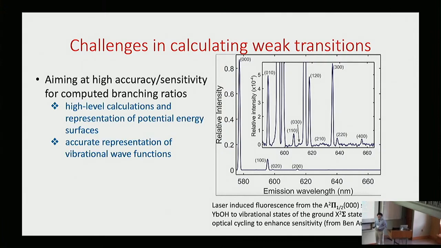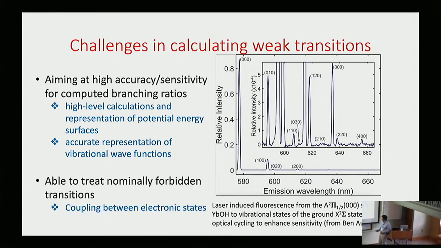So the computational challenge here is that we are aiming at, in general, high accuracy, but really it is a high sensitivity calculation. We need to get all the weak transitions at least correct to the order of magnitude, and this requires a good representation of the potential energy surfaces for this triatomic molecule, and also for the vibrational wave function, we need an accurate representation.